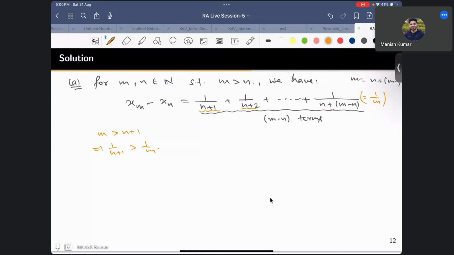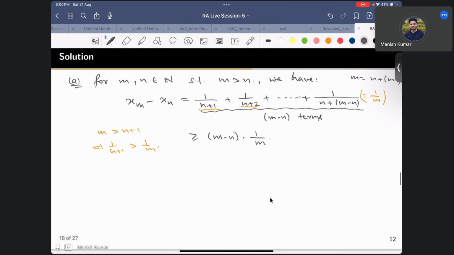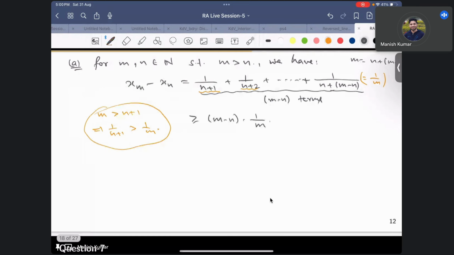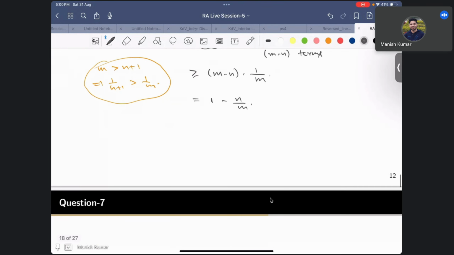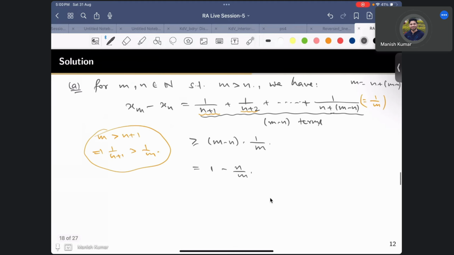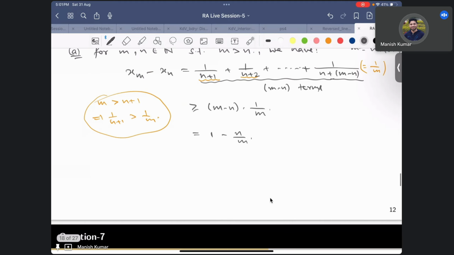So you can write that this is greater than or equal to m minus n times 1 by m, because each of the terms is bounded by 1 by m. This is nothing but 1 minus n by m, which is greater than or equal to some positive quantity.